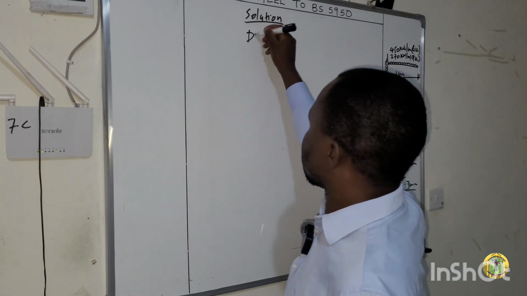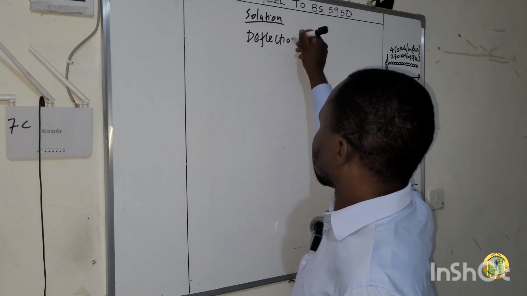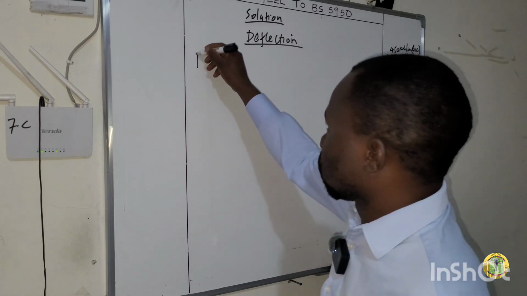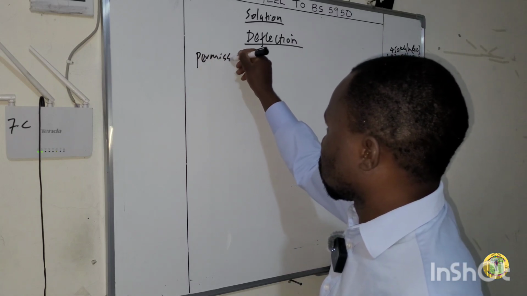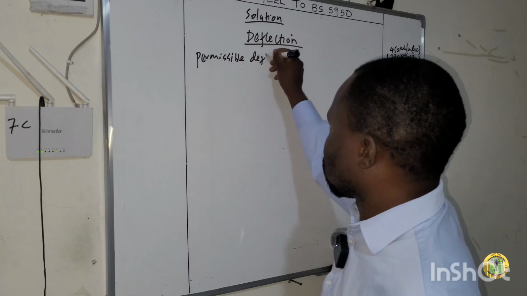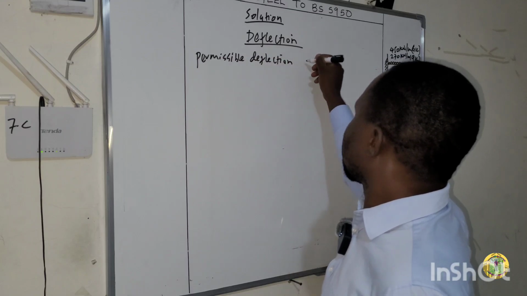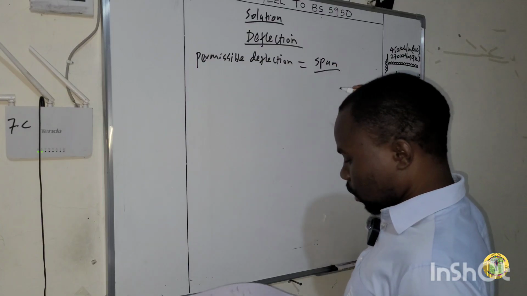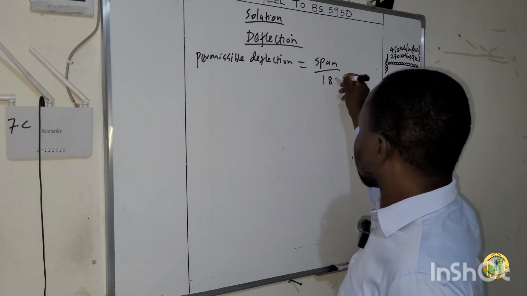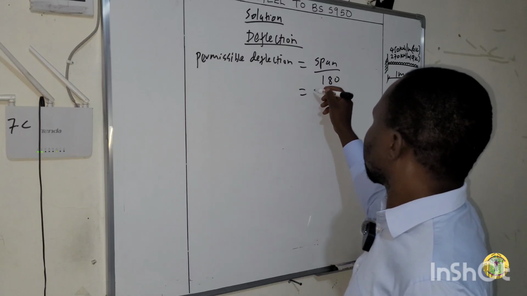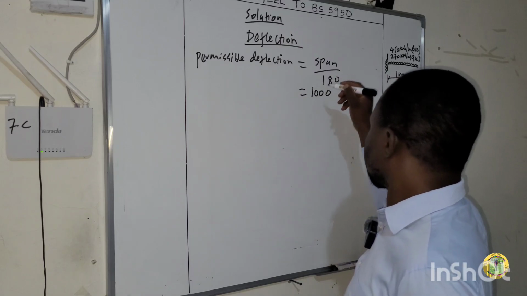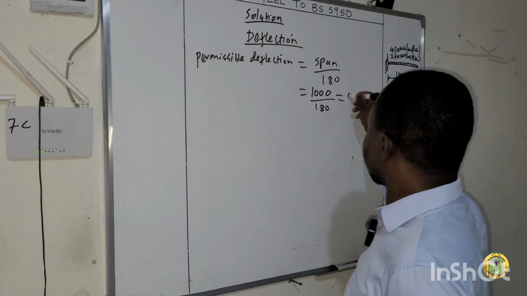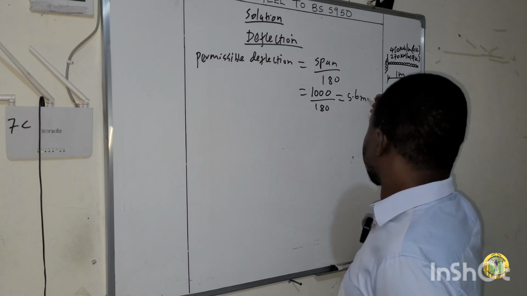So deflection. So the permissible deflection for a cantilever is given by span over 180. So span is 1 meter. So 1 meter is 1,000 millimeter over 180. So this one is equal to 5.6 millimeter.